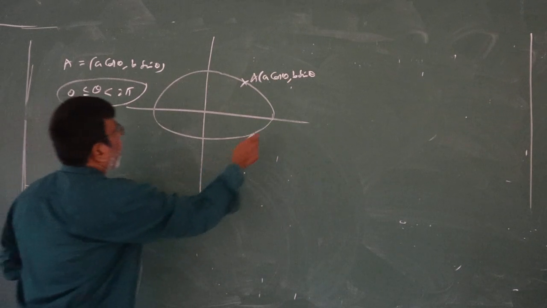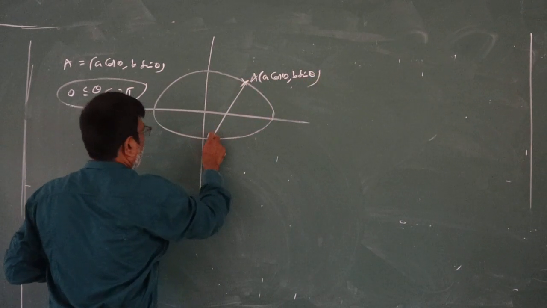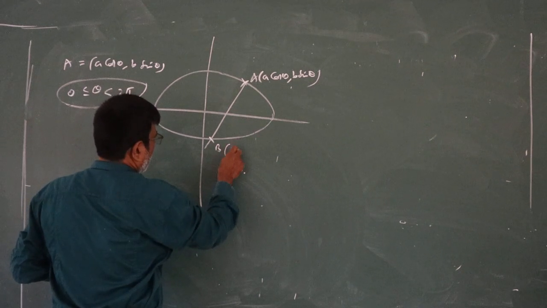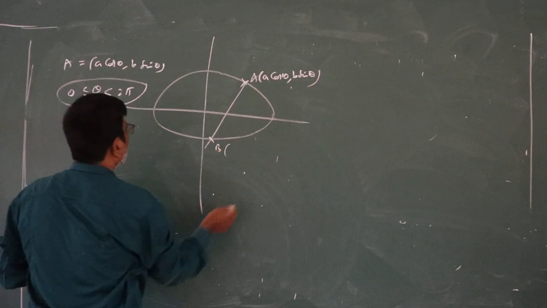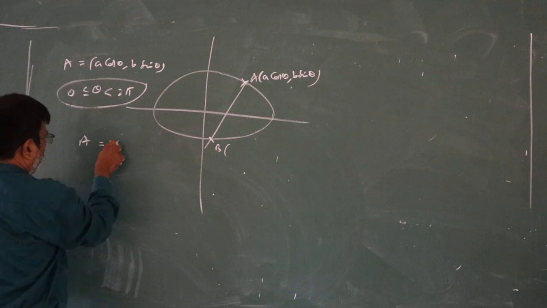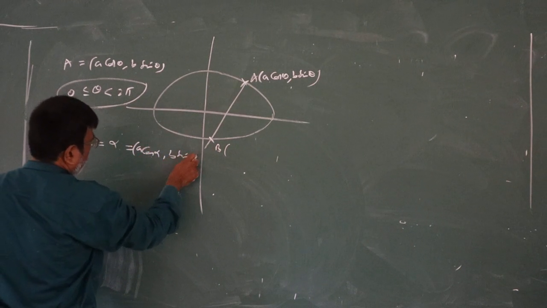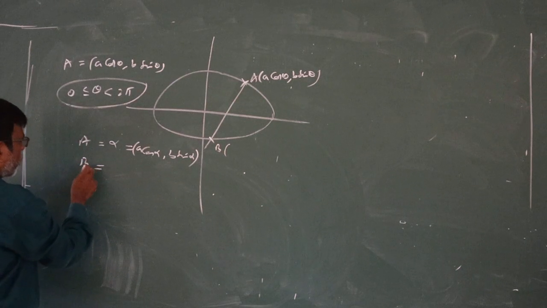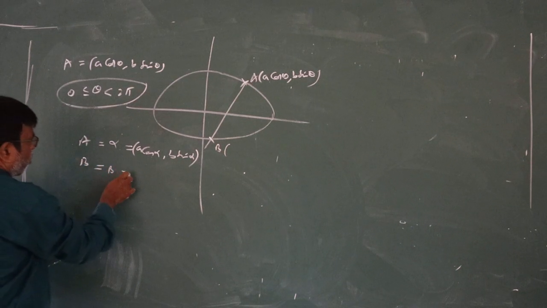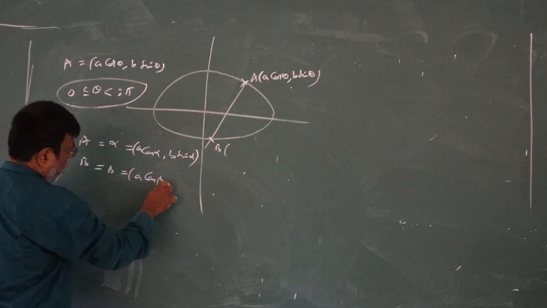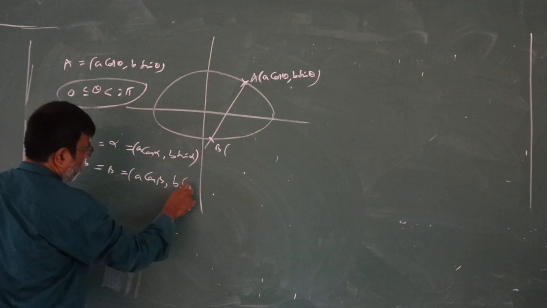Now suppose two points are given. A is given as alpha sometimes, meaning a cos alpha comma b sin alpha. B is given in terms of beta, a cos beta comma b sin beta.